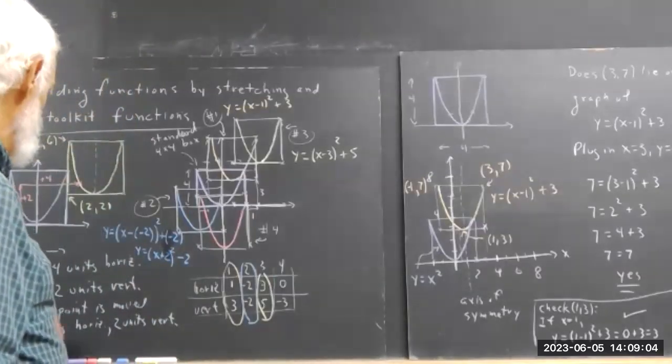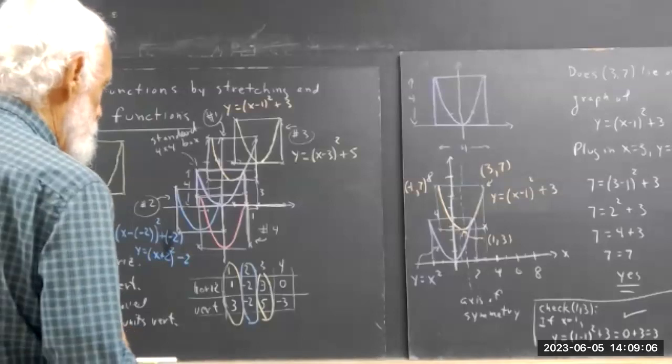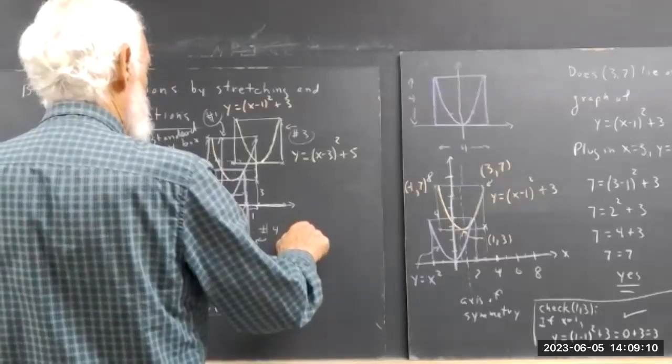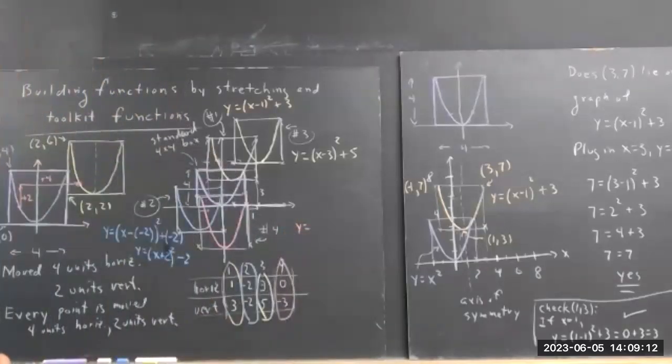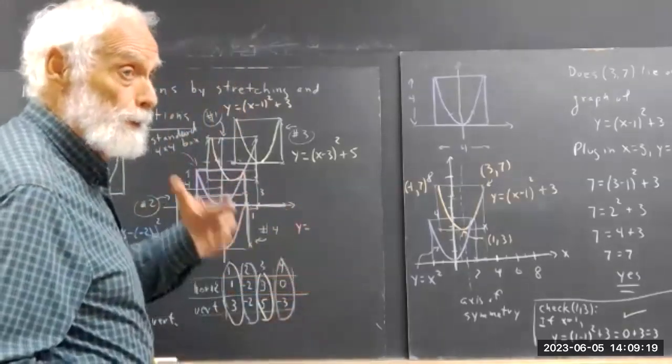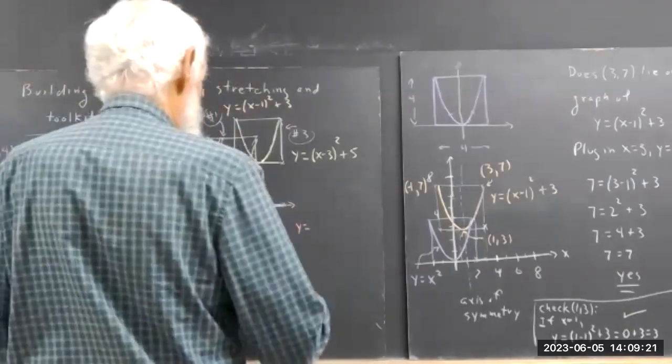And finally, number 4. So what do you think you're going to have for number 4? Y equals what? Don't watch me do it until you try it yourself.